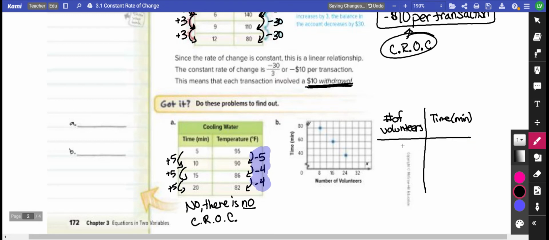Number of volunteers, well, it appears that that is 8. And at 8, there are 70 minutes. And then if there's 16 volunteers, then that is 60 minutes. 24 volunteers is 40 minutes. And those are all of the ordered pairs that we have.